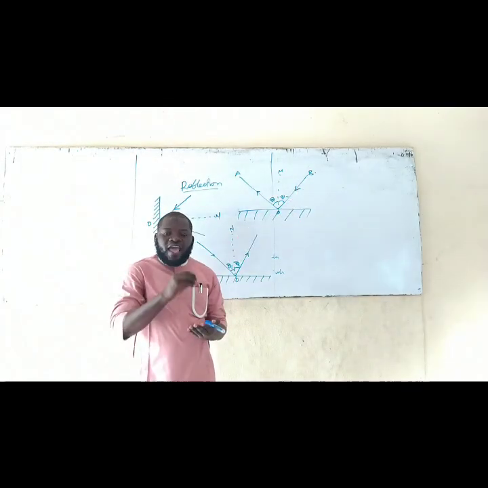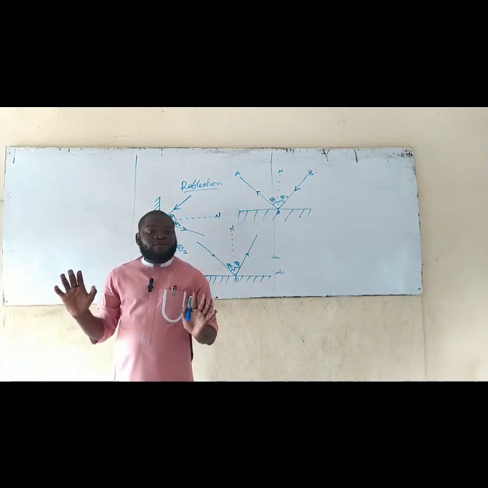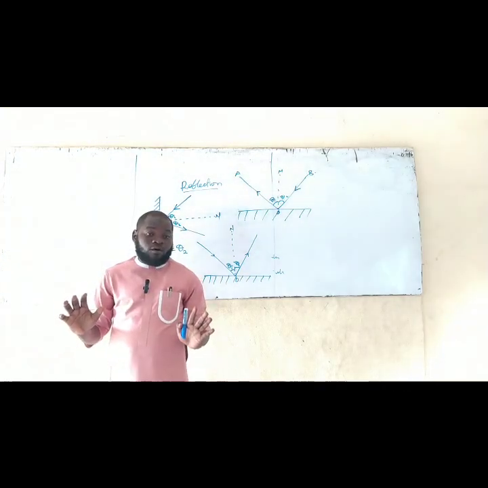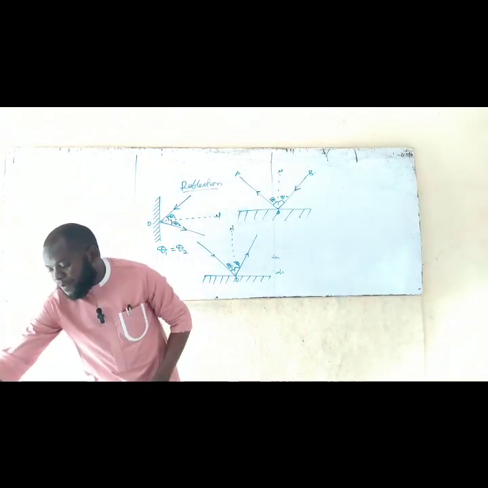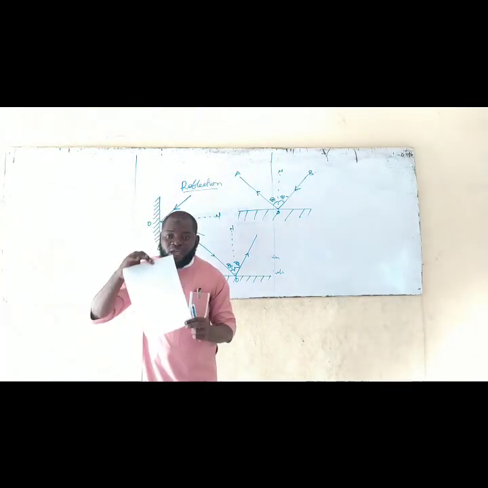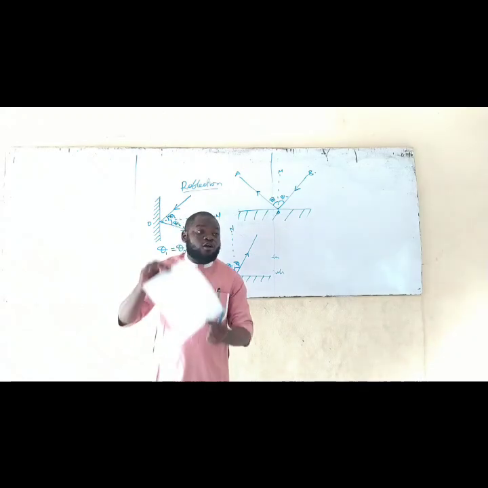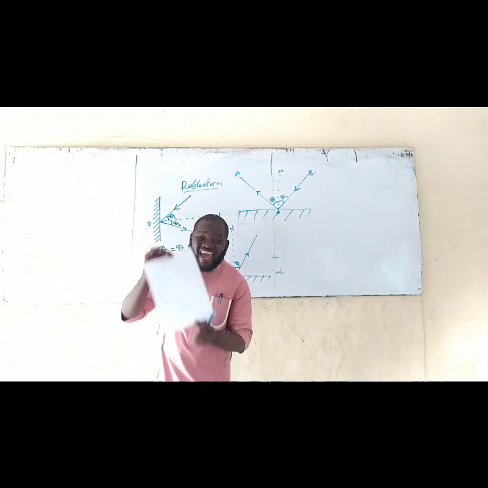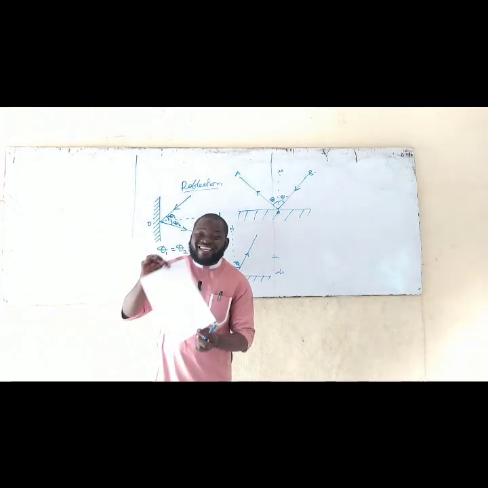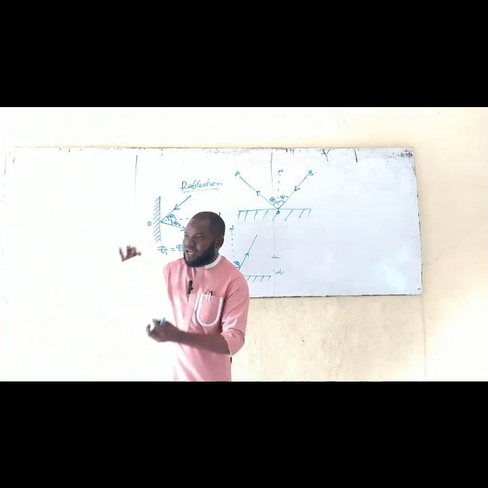So the arrow tells you the direction of the light. I hope it's clear. So when you get your plain paper and you carry out your experiment on this plain paper, don't forget to always indicate your arrow to show the direction of light.